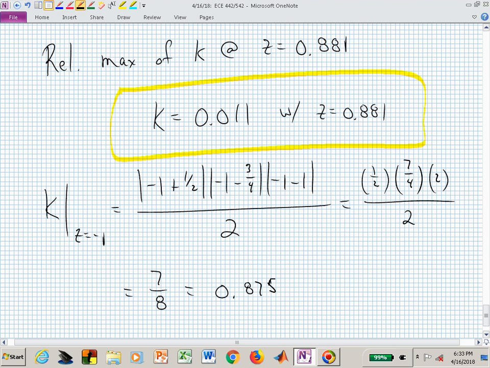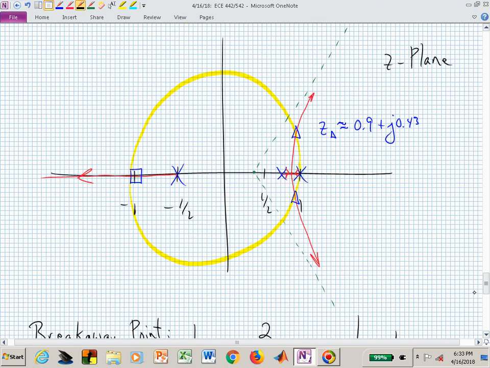But can I go as high as 0.875 and still be stable? Do I need to find another K value to determine stability or to verify stability?